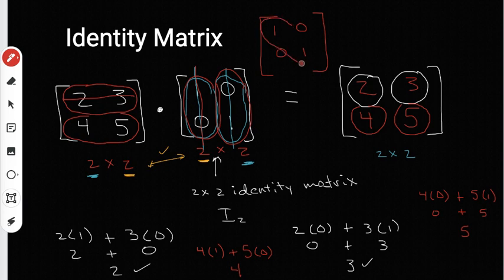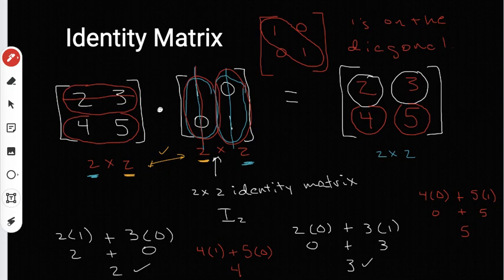So if you circle the diagonal right here, you'll see all 1s. And then if you're anywhere off the diagonal, like over here, you're always going to have a 0. So you're going to have ones on the diagonal, but zeros everywhere else. And that's the identity matrix.